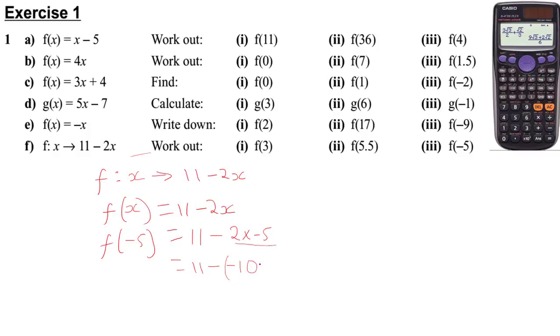So this is what I'm ending up with if I were to bracket them. Now, if we have 11 minus negative 10, we know that when you have negative signs attached to each other like that, they normally become a plus. So your answer becomes 21.